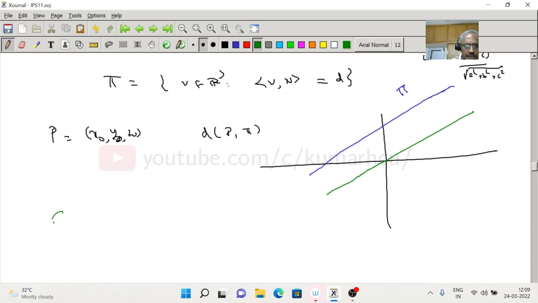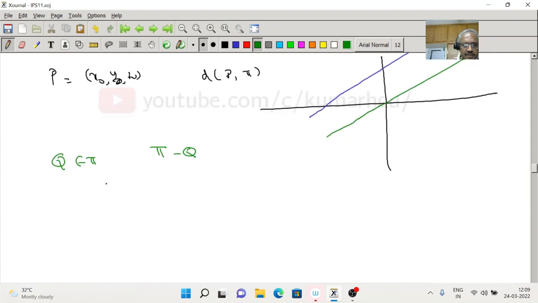take a point q in pi, and look at pi minus q. That is, you translate the plane through q. See, remember what is pi minus q?